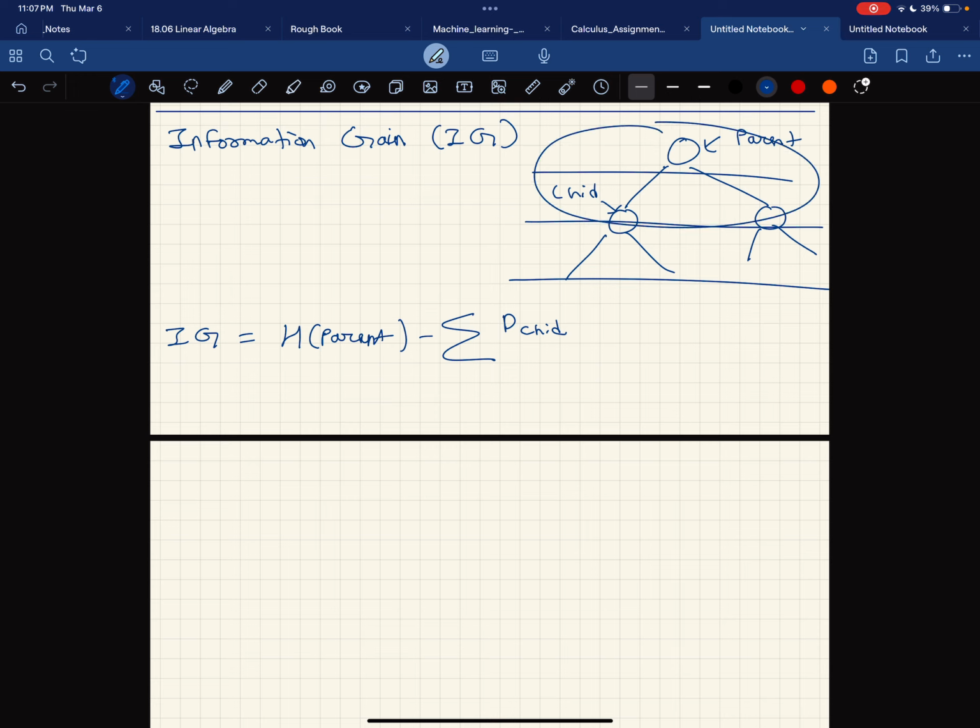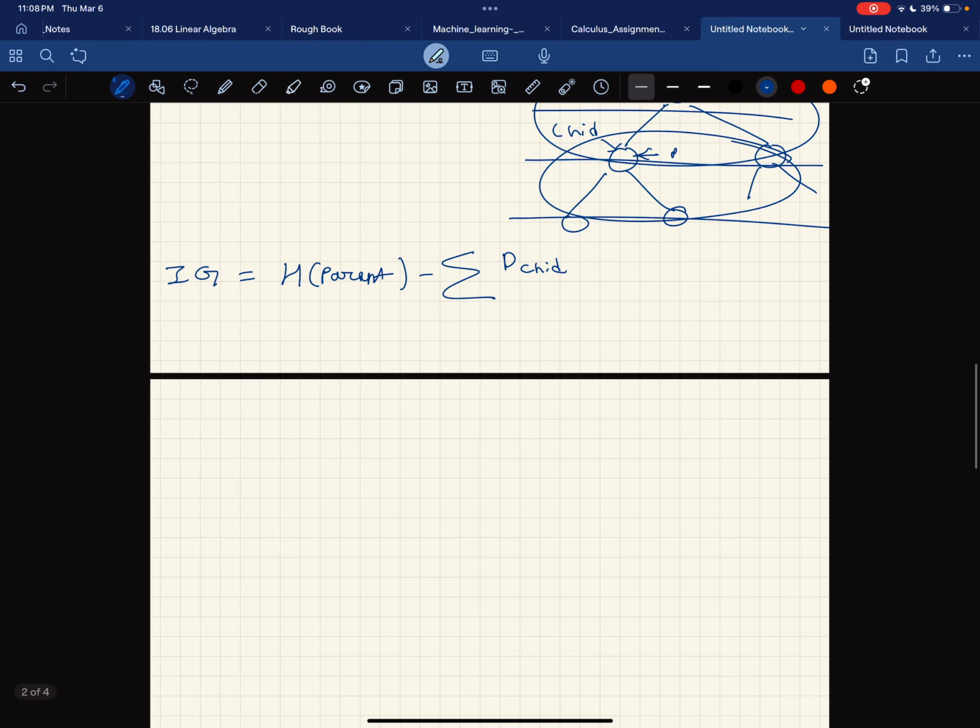In this part, this would be the parent and this would be the child. This can also be called root and nodes etc., but that's not the concern now. So it would be the summation of the data set of all the children upon the data set of the parent, times the entropy of the child.